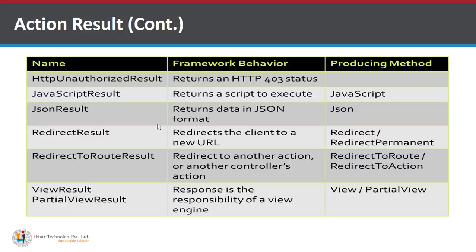JavaScriptResult returns a script to execute. JsonResult returns data in JSON format. RedirectResult redirects the client to a new URL. RedirectToRouteResult redirects to another action or another controller's action. ViewResult and PartialViewResult: the response is the responsibility of a view engine.